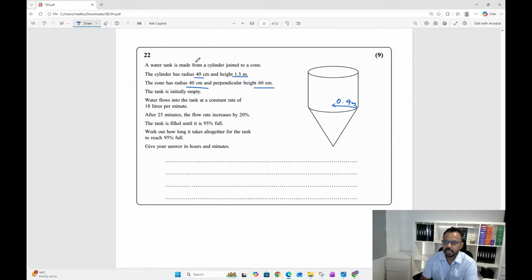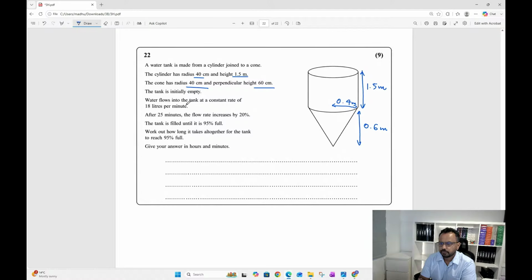See what I did? I directly converted centimeters to meters here. And height 1.5. The cone has a radius 40 and the perpendicular height 60 centimeters. So let's call it 0.6 meters.